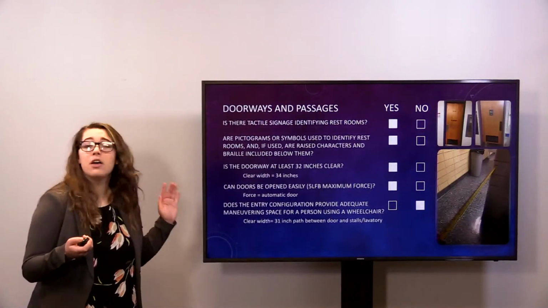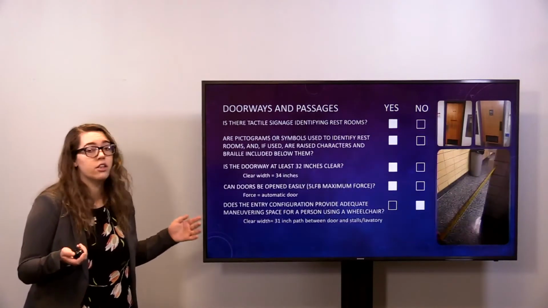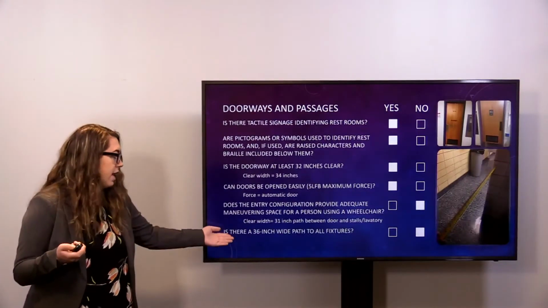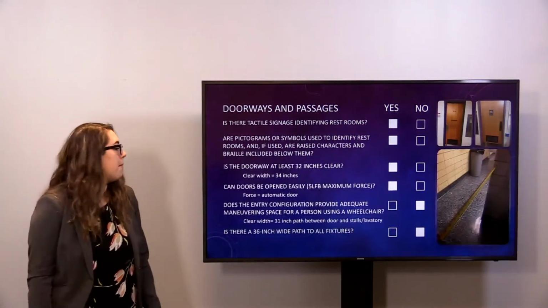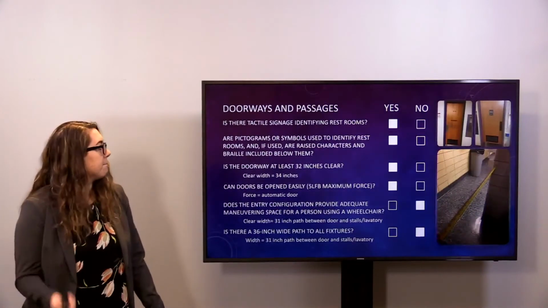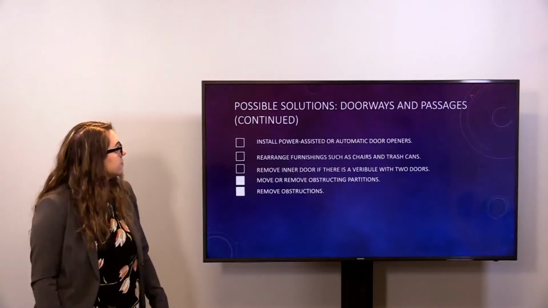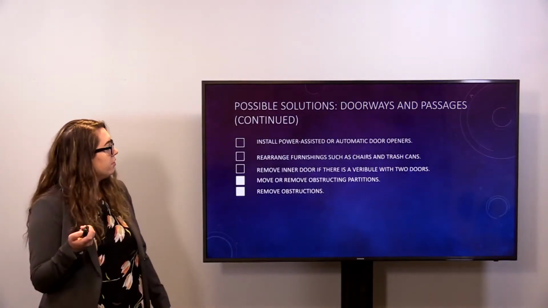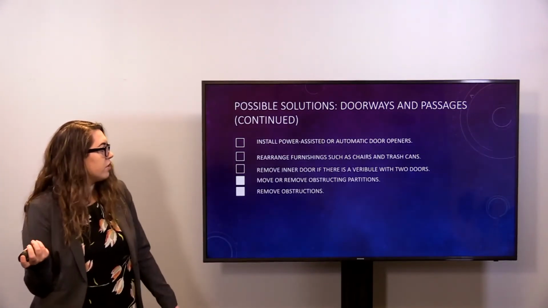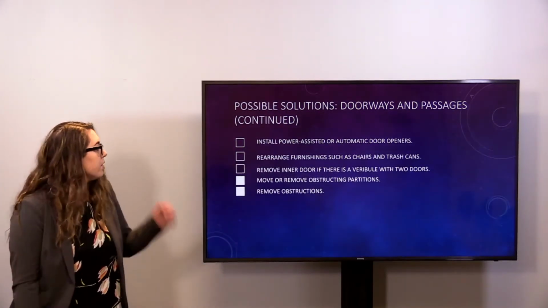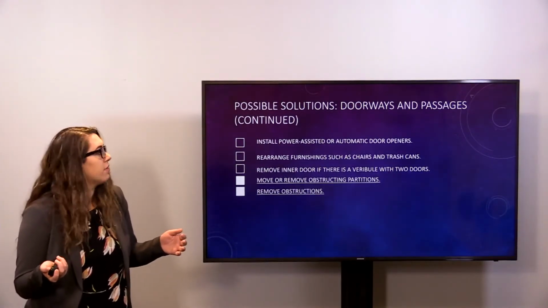The clear width of the entry configuration is only 31 inches, so it does not. There's not a 36-inch wide path to all fixtures. Some possible solutions to solve this barrier include removing the obstructions or removing the partitions. This would allow for a 36-inch wide path to all the fixtures in the bathroom.